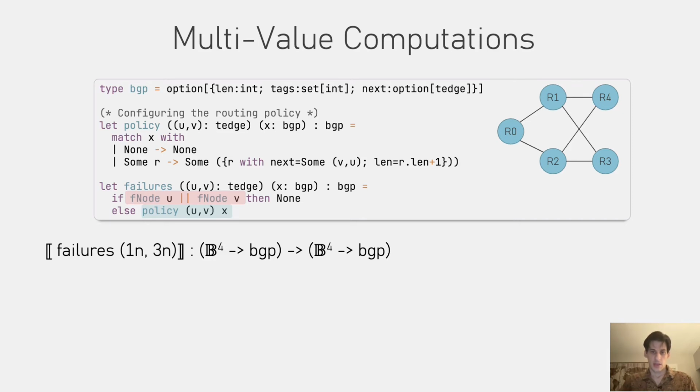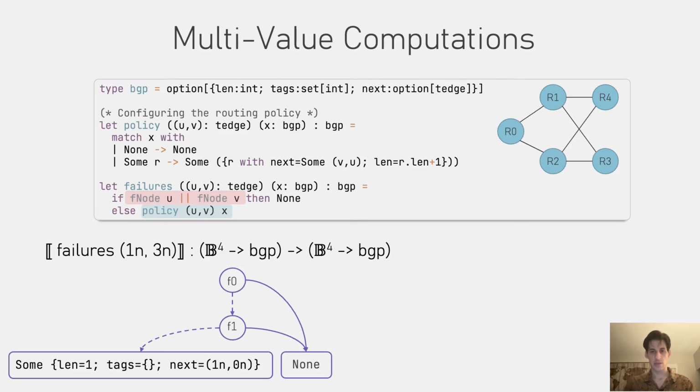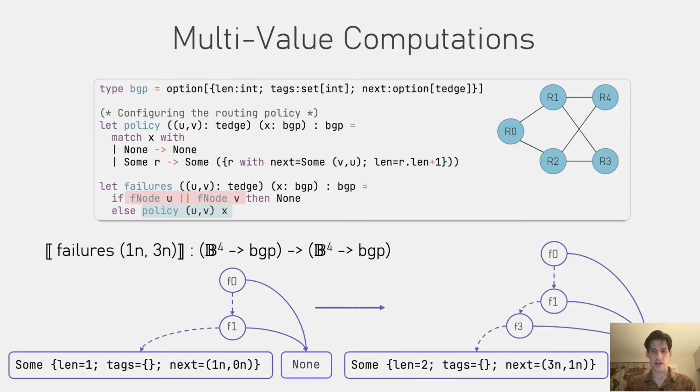We represent this using a variant of BDDs called multi-terminal BDDs, where the only thing that changes is that the terminal nodes can take any type of value, not just a boolean, so the diagram can have more than two terminal nodes. Given such a diagram as the input to the function failures, it will transform into a new multi-terminal BDD by performing a symbolic computation on the decision nodes of the diagram and a concrete computation on the terminal nodes.